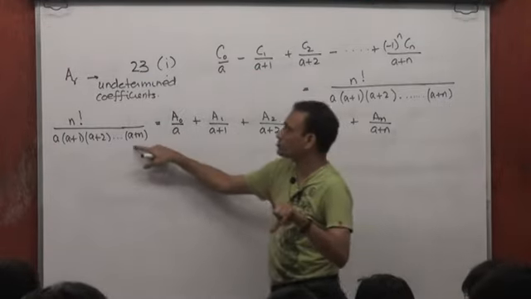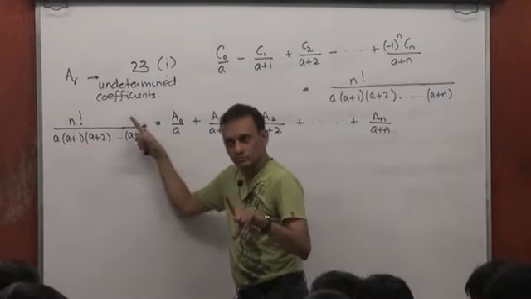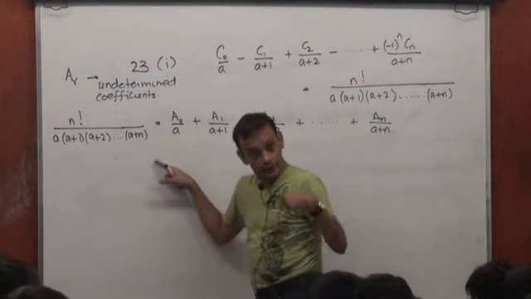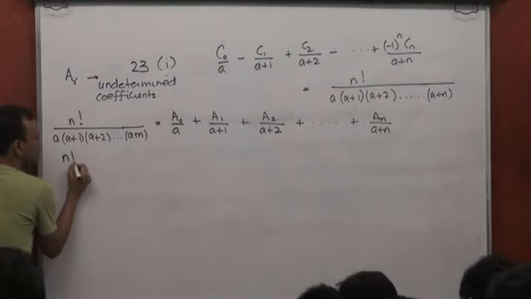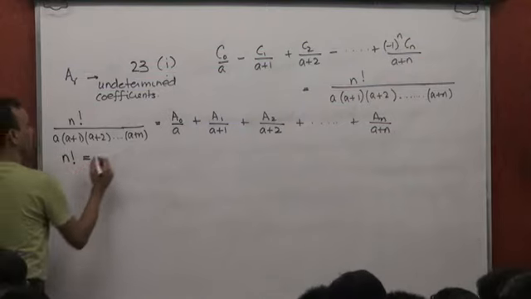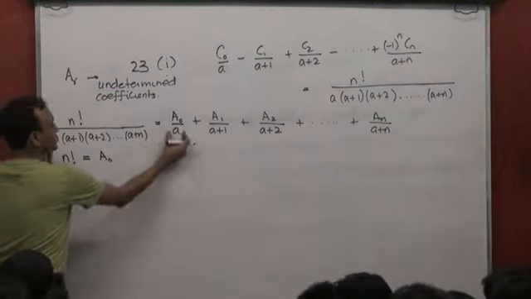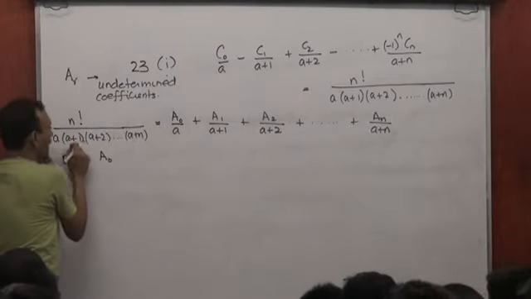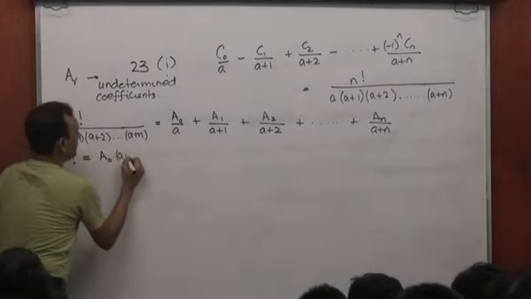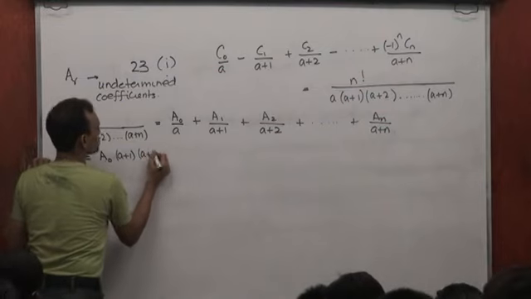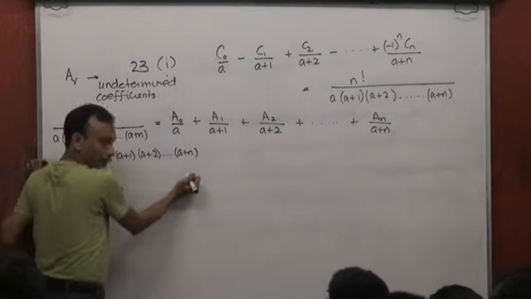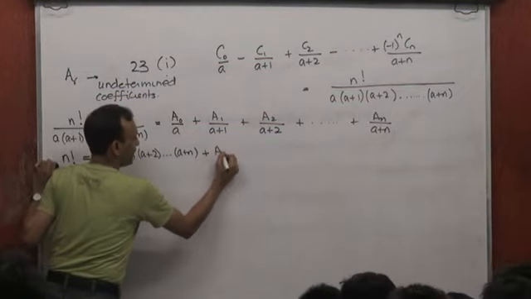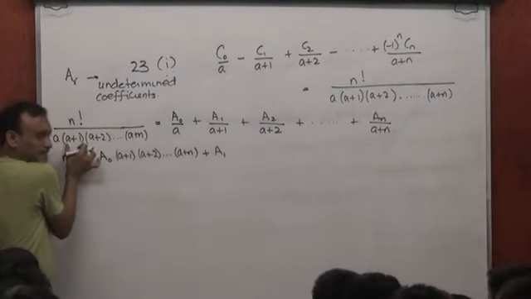Let me multiply it throughout by the denominator. Then I have n factorial equal to A0 into, see, this A will get cancelled with this A, and I'll have A plus 1 into A plus 2 into A plus n, right? Plus A1. Now A plus 1 will get cancelled, right?